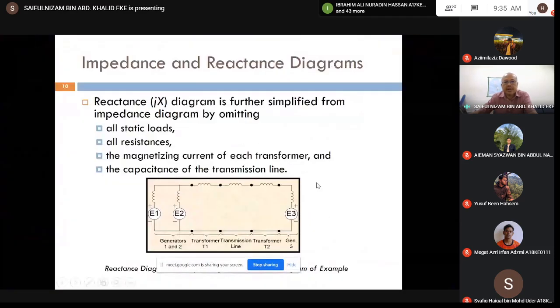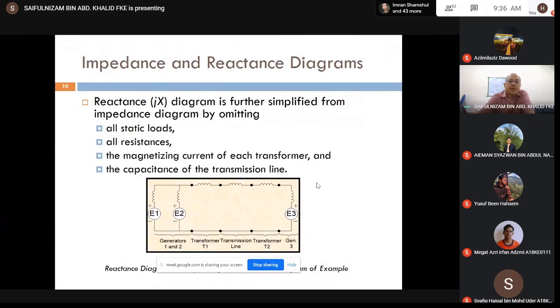This is known as the reactance diagram, the simplification of the impedance diagram. So what are the assumptions? This reactance diagram is drawn by neglecting or removing all these quantities.